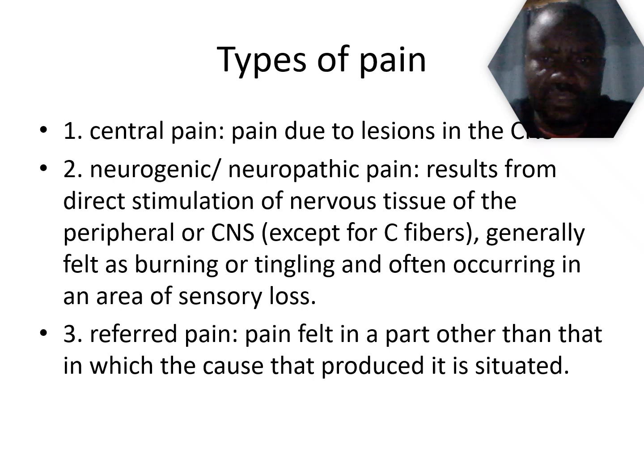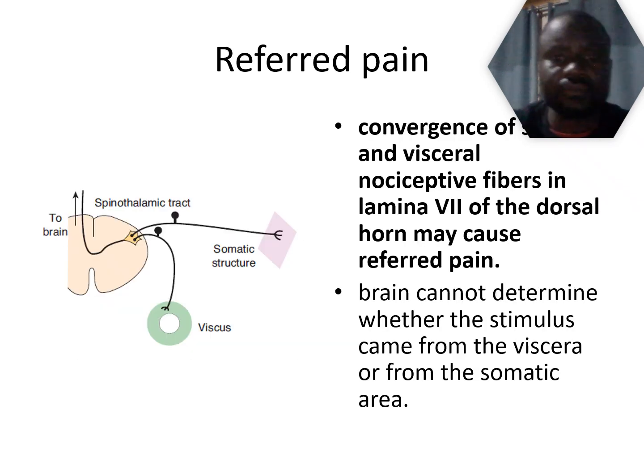So someone tells you, I'm having shoulder pains, but it is the heart that is receiving less blood, and so someone is having, for example, angina pains. So instead of feeling chest pains, they start feeling neck pain. But the neck is not the problem. The problem is in the chest, but the pain is referred to the neck.